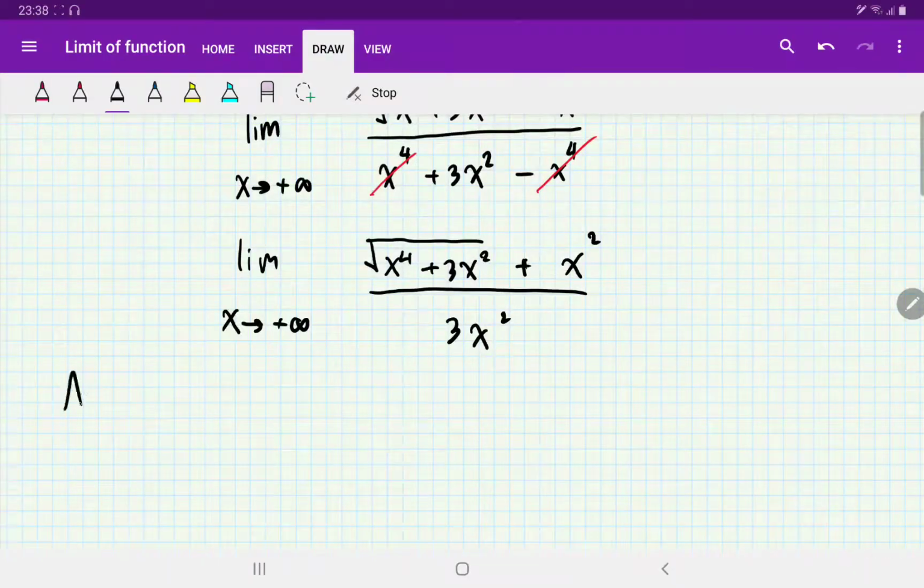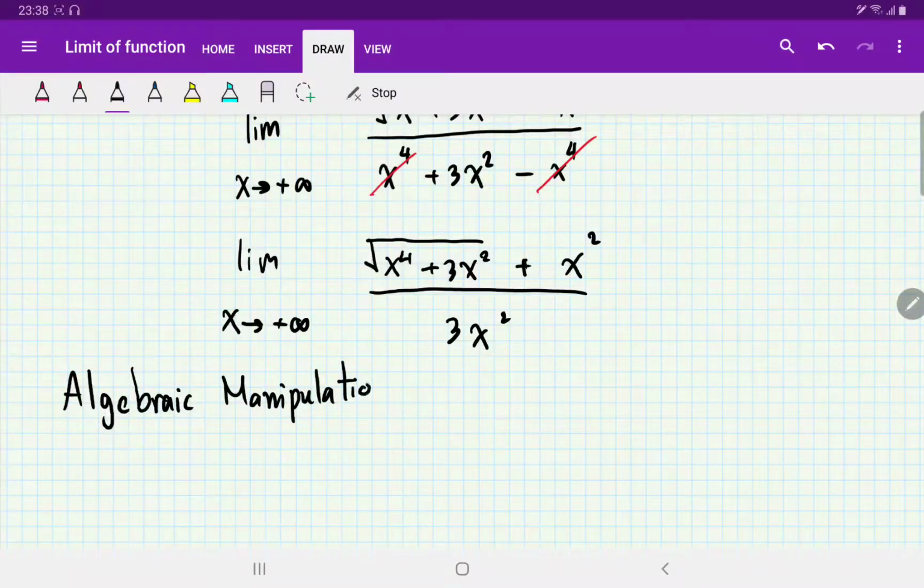I use algebraic manipulation to find the solution of this function.